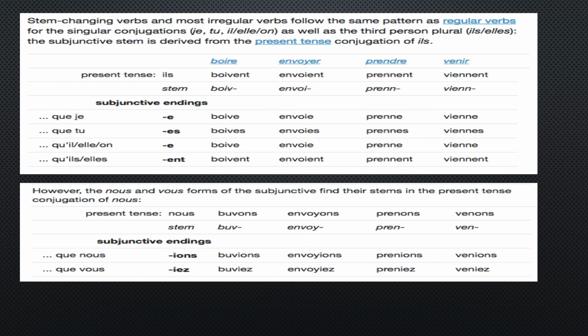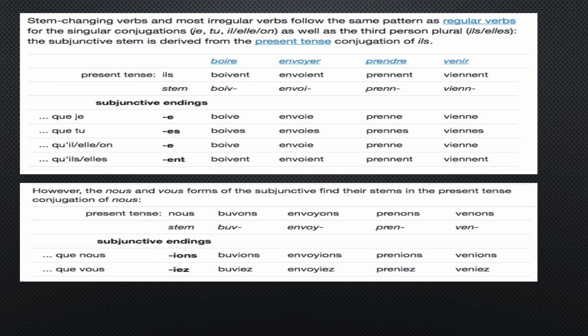All of the je, tu, il, and the ils, elles in the plural form are the exact same as before. You take the ils, elles plural form of the indicative and you lose the ent. But with these, the nous and vous form, you do the exact same thing, except you use the nous form.